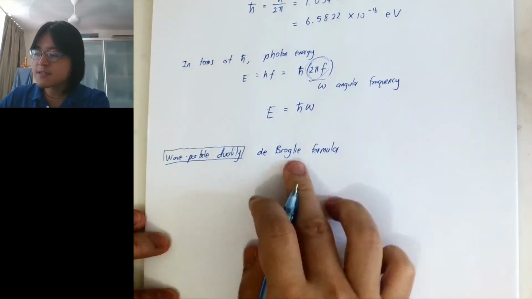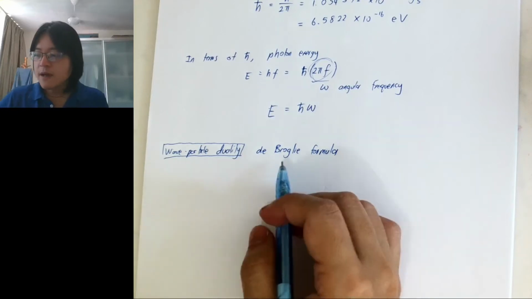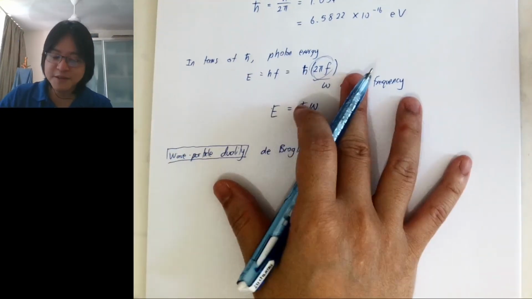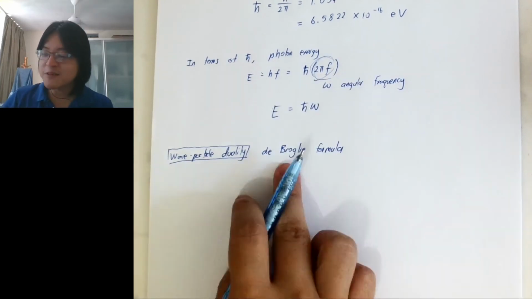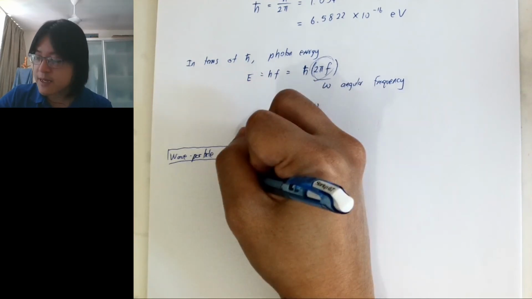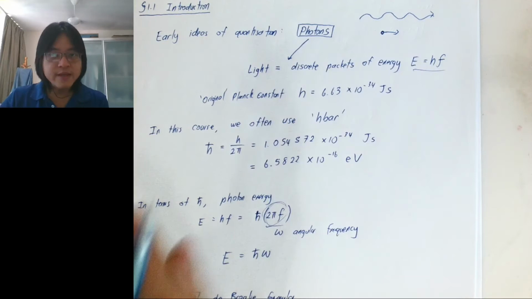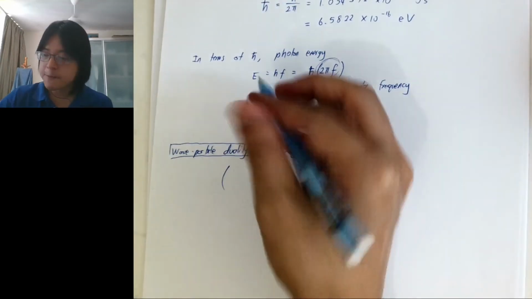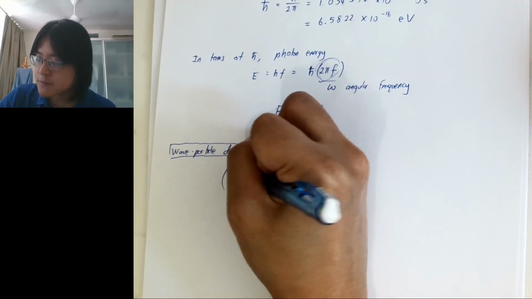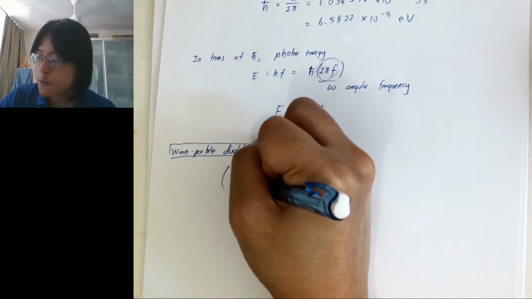De Broglie is a French physicist, so the French pronunciation is de Broglie, though I know a lot of people will say it differently. But what is the de Broglie formula? Whether it's a wave or a particle, there is a formula to relate the two quantities. If I take the particle description, I can relate the momentum of the particle to the wavelength.